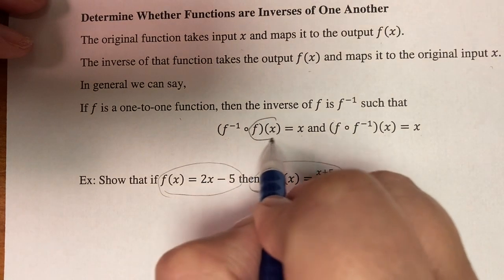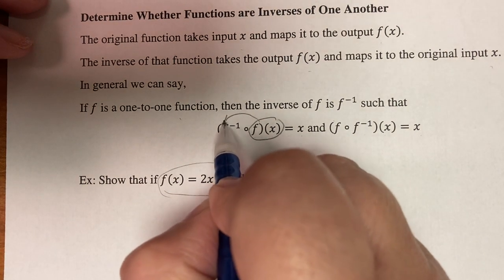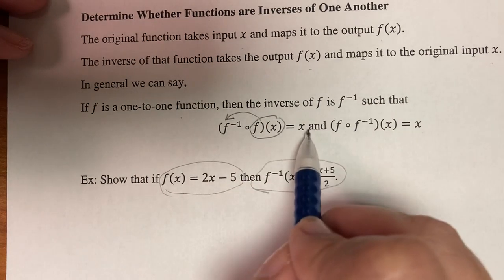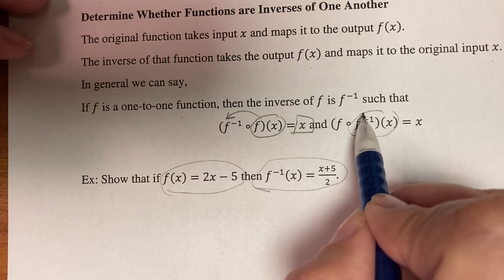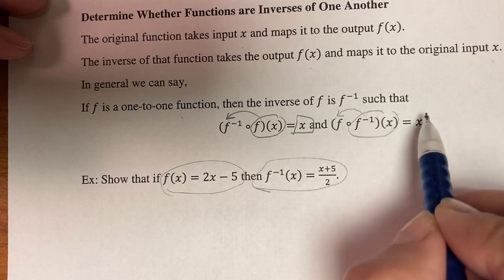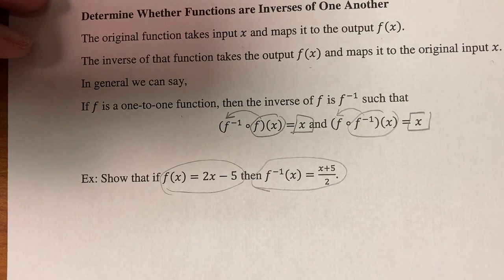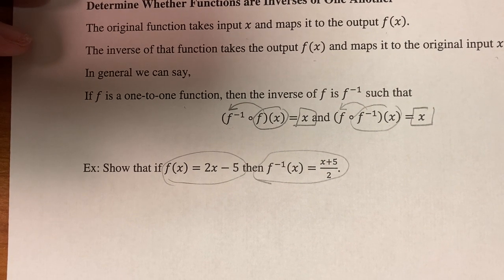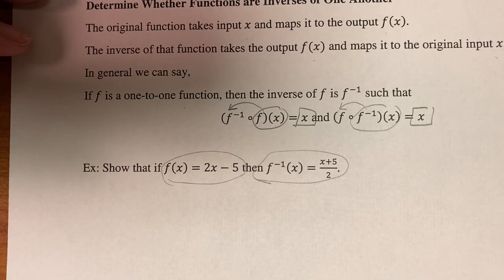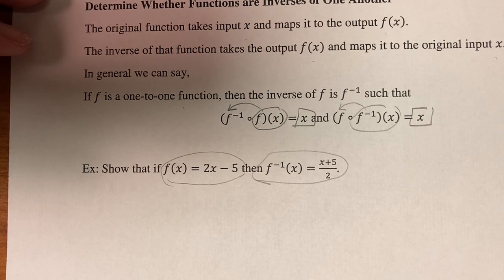I have to take my f of x and plug it into my inverse, and I should get x. And then I have to take my inverse and plug it into my f, and I should again get x. If I get x in both cases, that means those original functions were inverses of one another.